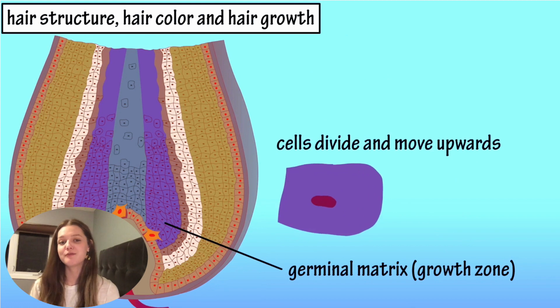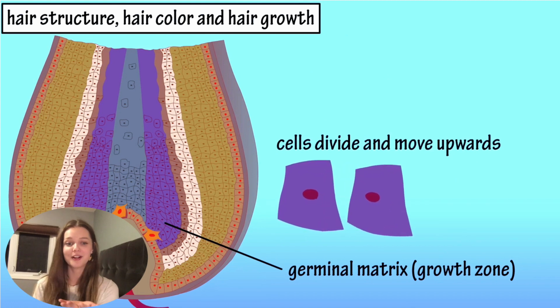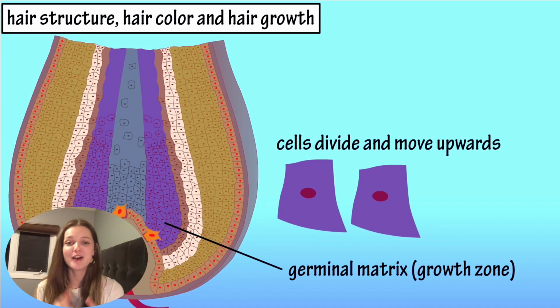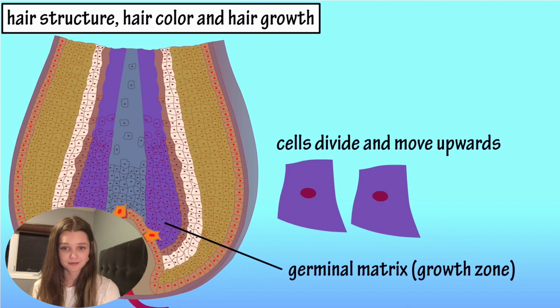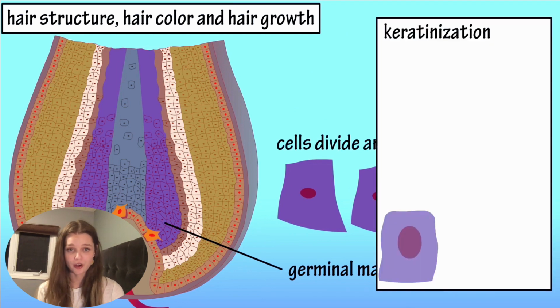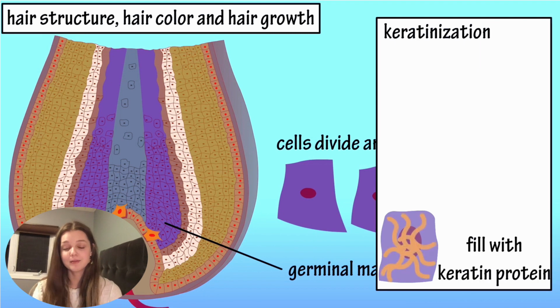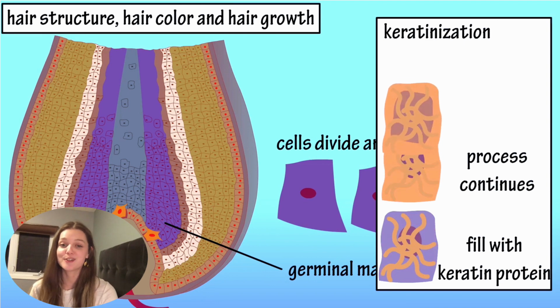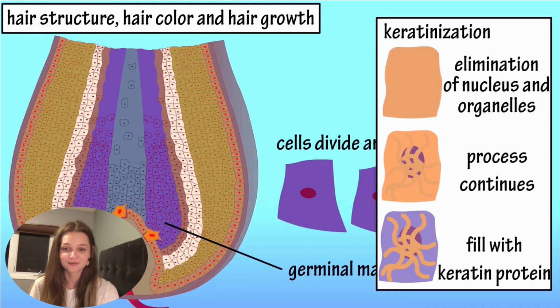So, hair is formed by cells in the germinal matrix, which undergo mitosis or cell division, and move upwards in the hair follicle. They become keratinized. So, keratinized cells being cells that were once alive, but filled with the keratin protein as they matured, causing them to lose their organelles and die.